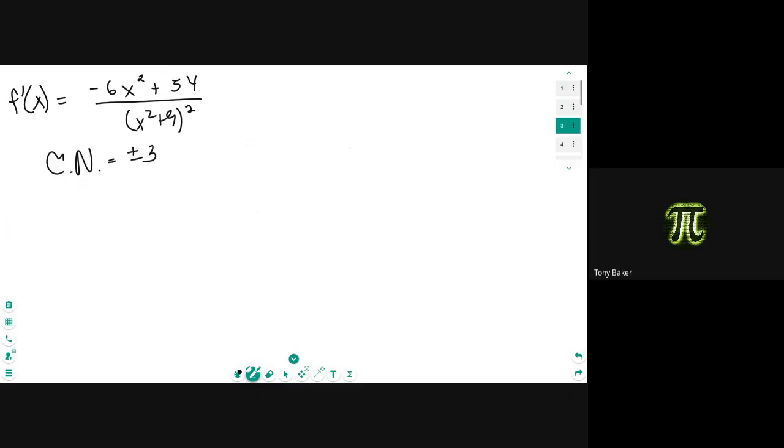So if I have a number line, I've got -3 and 3. So pick a number in each spot, plug it in and test it. So let's do -5, 0, and 5.